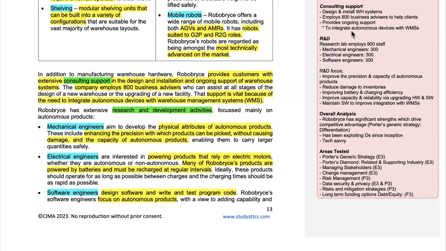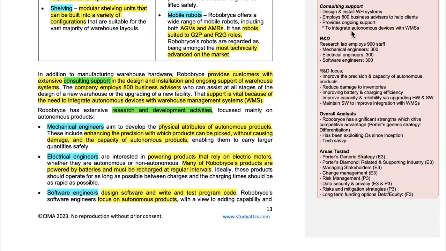We are not only selling autonomous or non-autonomous delivery devices, not only providing warehouse design aspects, and not only manufacturing shelving units. We are also concerned about providing customer support, helping them create a link between their warehouse management system and the different devices which we sell to them, so that customers end up fulfilling all their requirements in a comfortable manner.